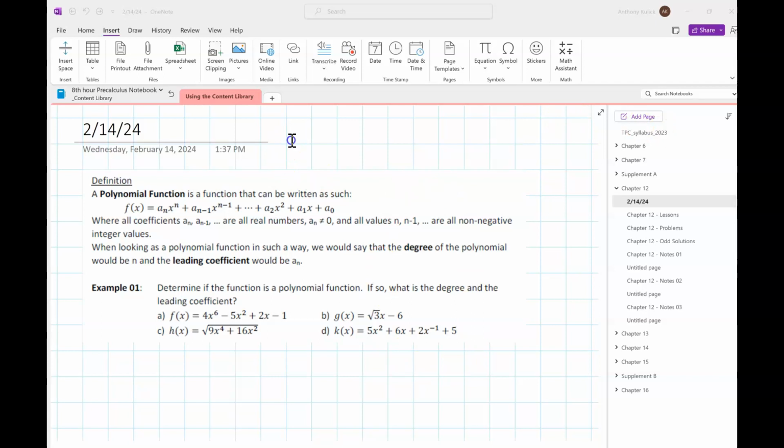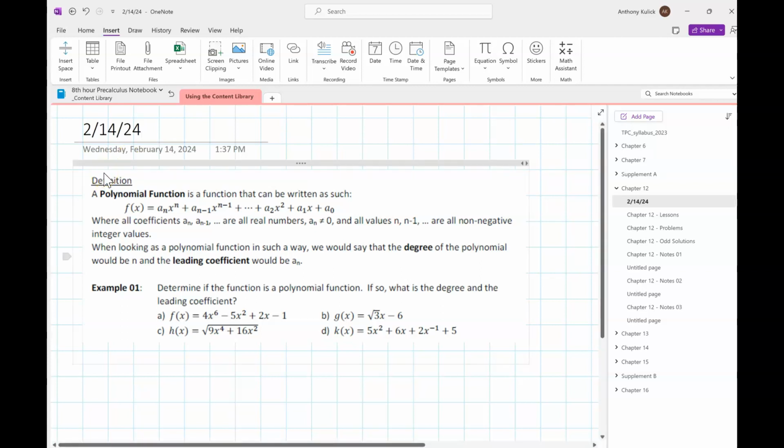So we got a little bit of vocab to get through, and then we'll get into the meat and potatoes of what we're doing and show you how to do it. So a little review from last year. Start by just defining what we mean by a polynomial or a polynomial function.